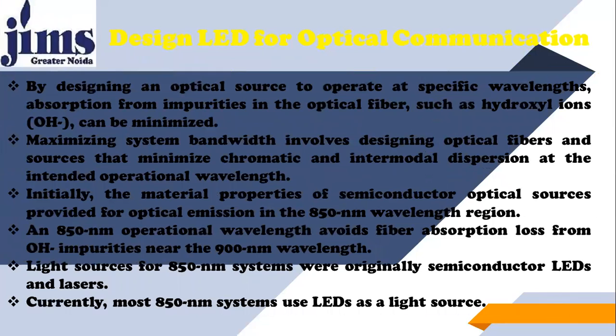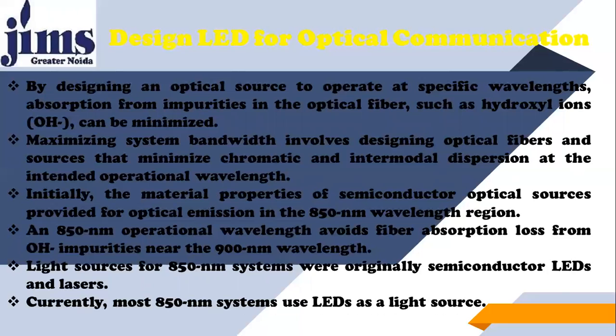So by designing an optical source to operate at specific wavelengths, absorption by impurities in the optical fiber such as hydroxyl, OH ions, can be minimized. As you know, OH ions come into the optical fiber during the manufacturing of the fiber, because of the impact of water on the molten state of optical fiber as it cools down.